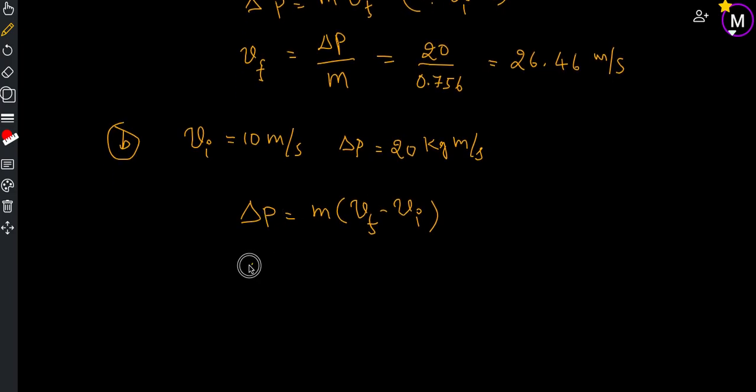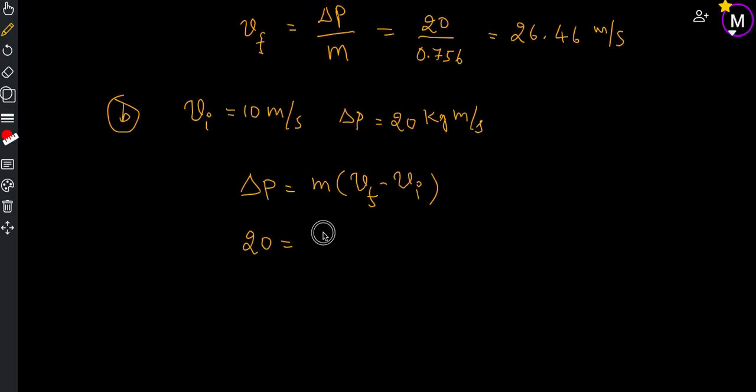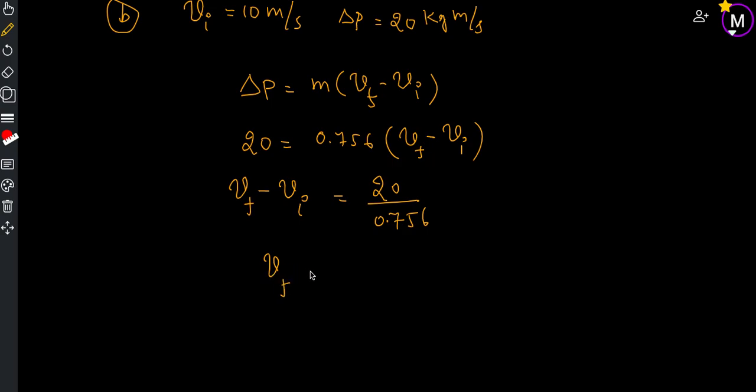So 20 equals 0.756 times (Vf minus Vi), or Vf minus Vi equals 20 by 0.756. Vf equals 20 by 0.756 plus Vi.